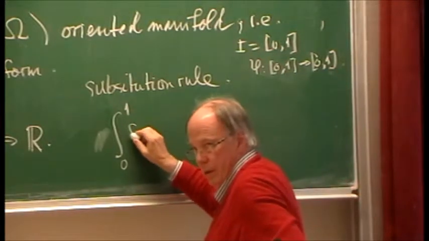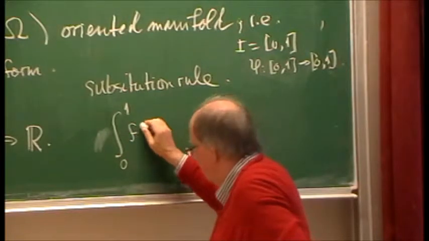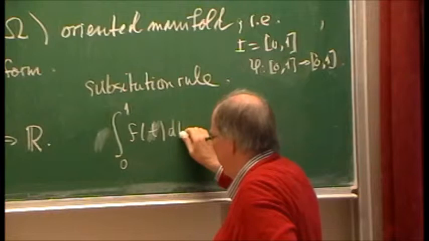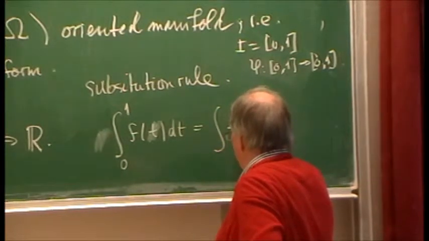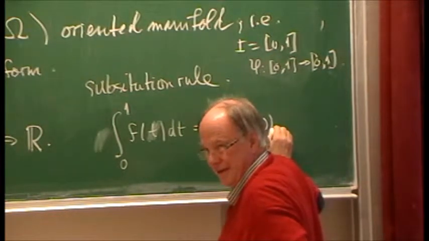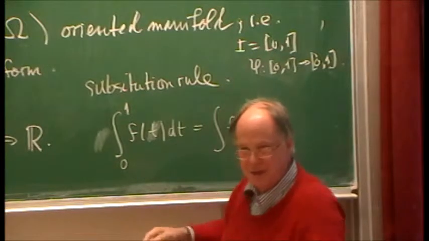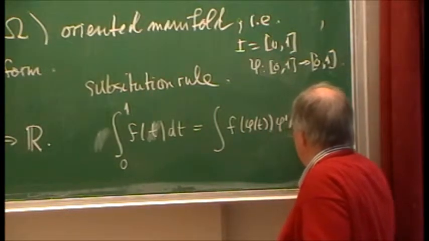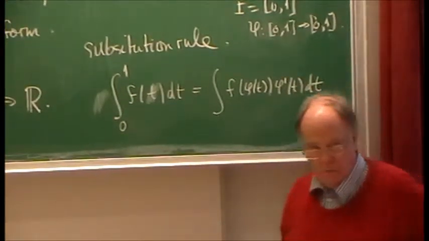The integral, you know this, I'm not going to bother you. Integral f of t dt, let me just write it in funny language, is the integral of f of phi of t. What comes next? Come on, you can have a success here. Phi prime of t dt. Right?